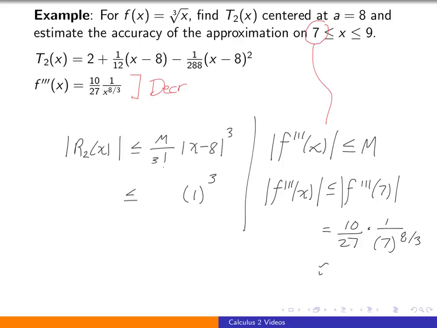Plugging into a calculator, it's approximately equal to 0.0021, and this is playing the role of our value of M. Plugging into our remainder estimate, we have 0.0021, divided by 3 factorial, which is 6, multiplied by 1 cubed, which is 1, and this is 0.0004. And even though our interval from 7 to 9 is quite large, we see that the approximation is still quite good.